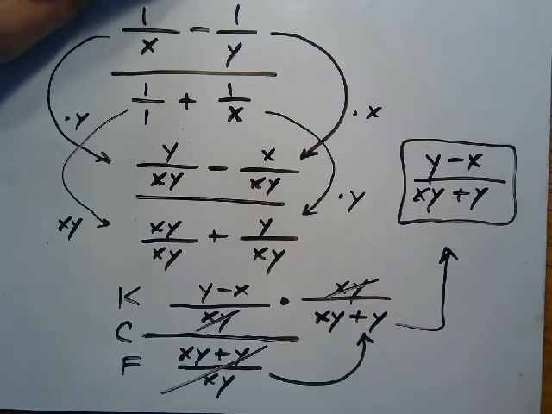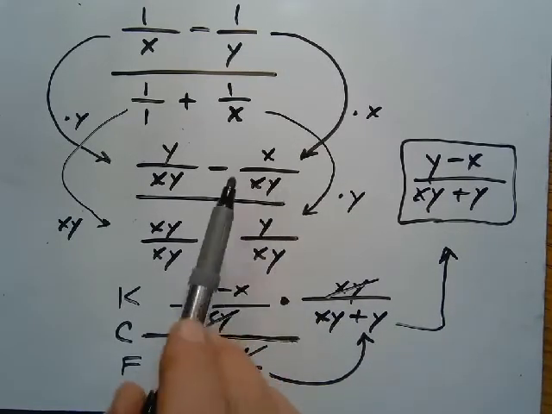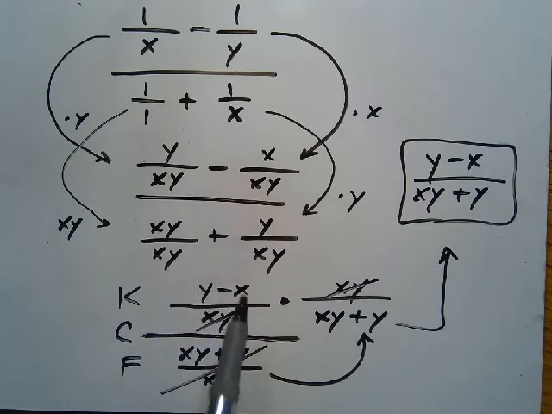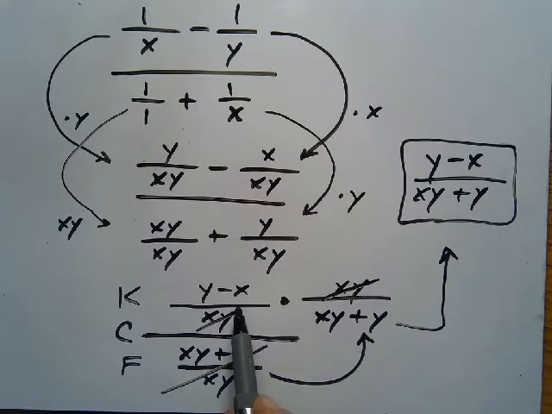So there's my answer. Now your book does it a little differently. Sometimes they will just go ahead and keep, change, flip anyway, and the denominators will end up doing a little canceling. But my entire denominators went out because I made them exactly the same. These complex fractions take a little practice. You'll have to work on those a little bit.